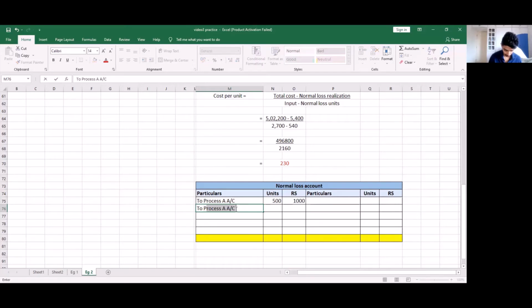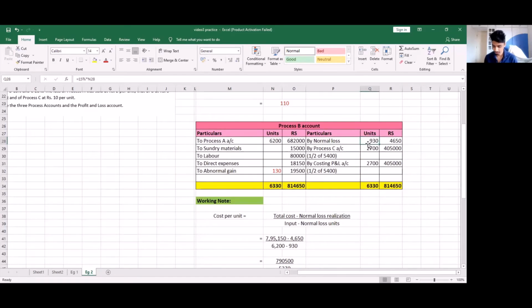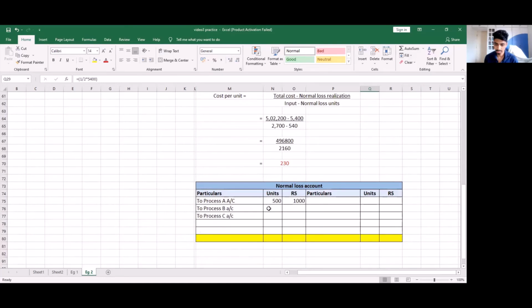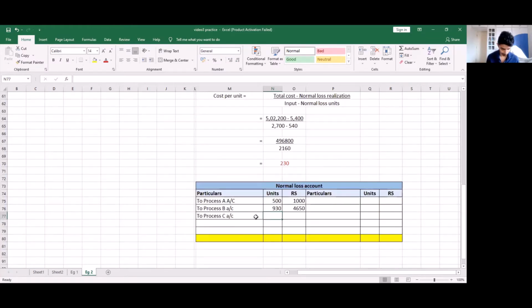So we have to process B, 930 at 4,650. And for process C, our normal loss is 540 at 5,400.